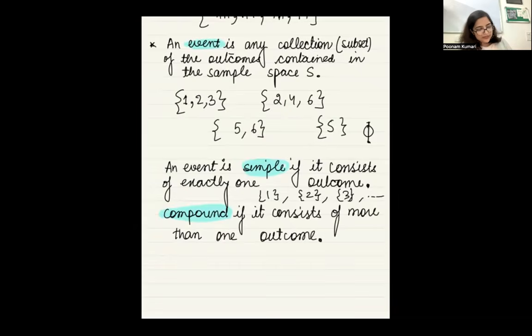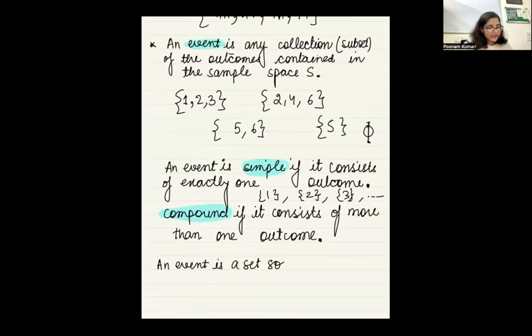Since we say that an event is basically a set, all the mathematical set operations that we have, union, intersection, minus, symmetric difference, complement, everything is applicable here.